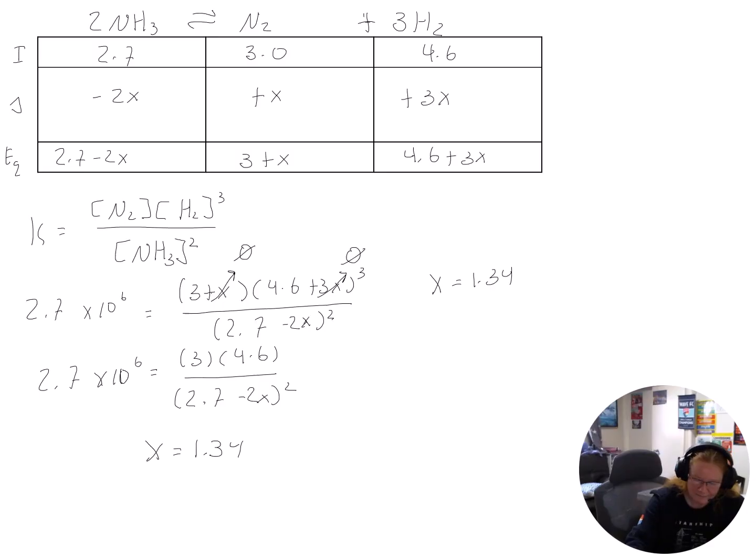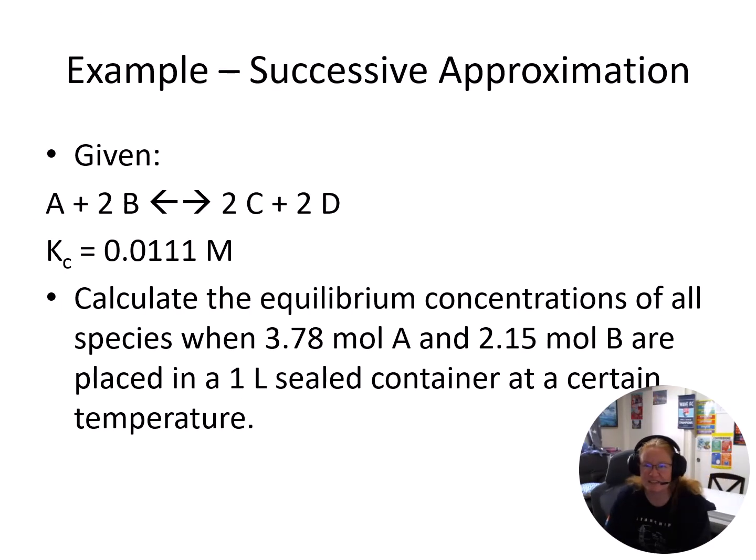Okay. Now, this K situation, successive approximation, this is something that some people like to use to get out of solving for the quadratic. So here I have a K of 1.11 times 10 to the negative second, which is an intermediate K. So we can't discount x in either the denominator or the numerator, okay? But you would have to solve the quadratic here.